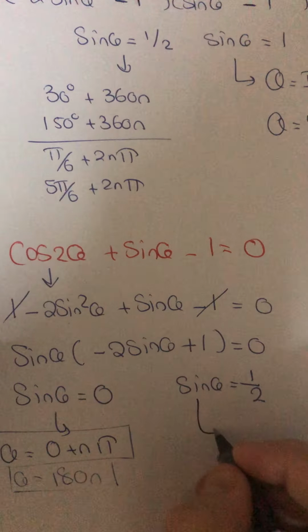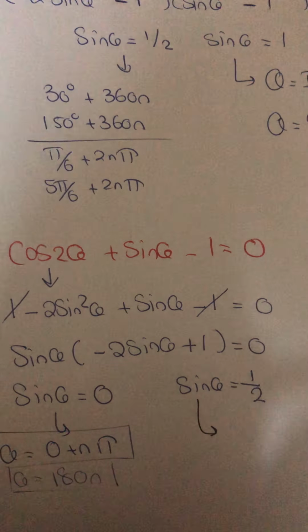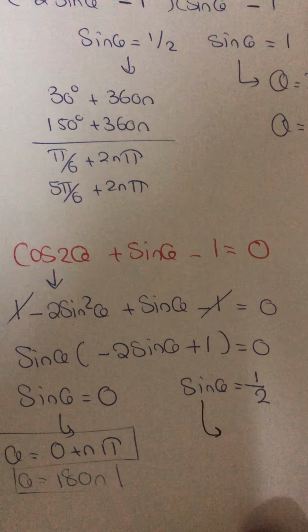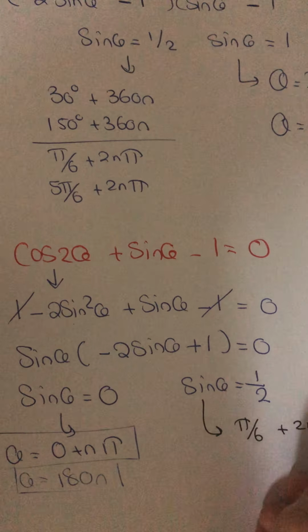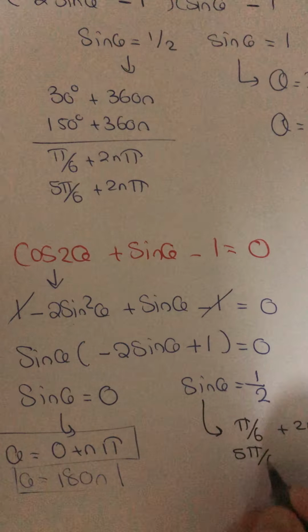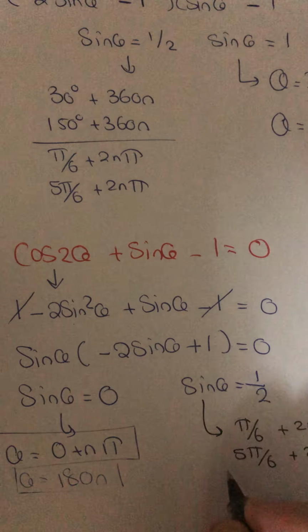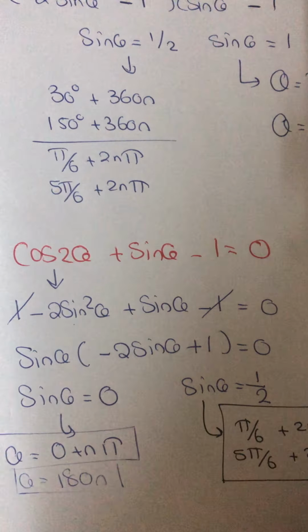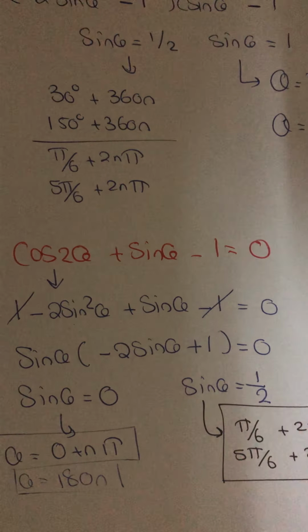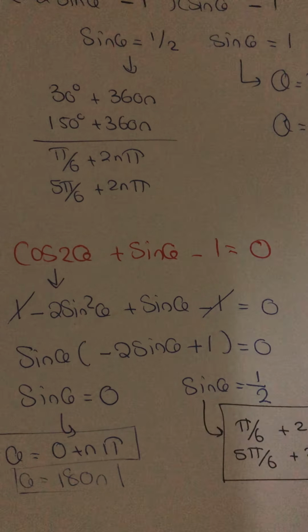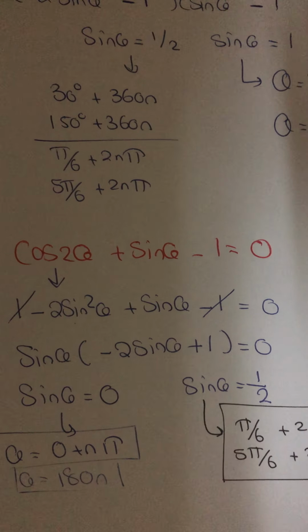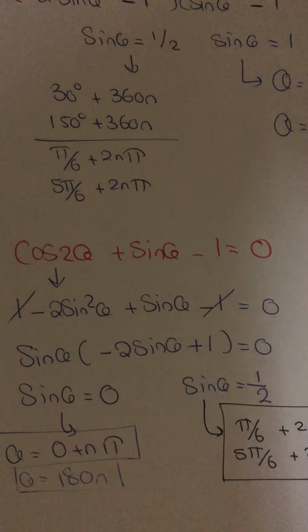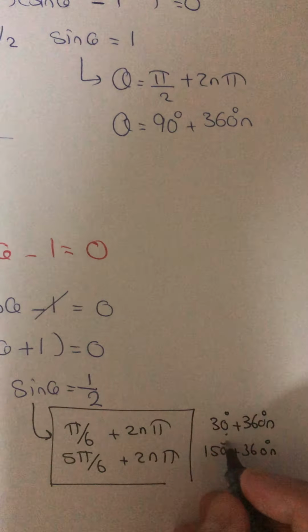And sine theta is equal to half at pi over 6 plus 2n pi, or 5 pi over 6 plus 2n pi. And pi over 6 is 30. You can write it as 30 plus 360n, and 5 pi over 6 is 150 plus 360n. You're expected to write the degrees every time. I'm sorry for the camera.